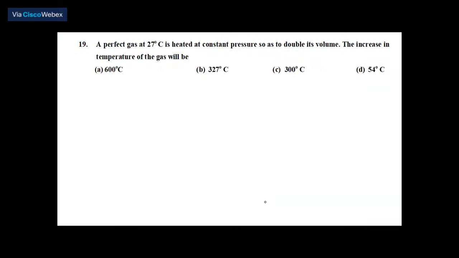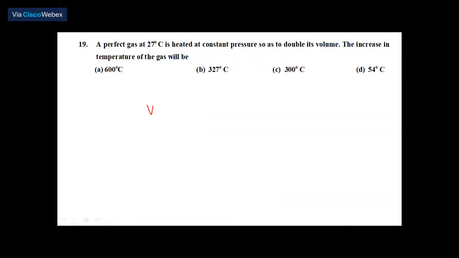A perfect gas at 27 degrees Celsius is heated at constant pressure so as to double its volume. The increase in temperature of the gas will be. In this case, what is kept constant? Pressure.